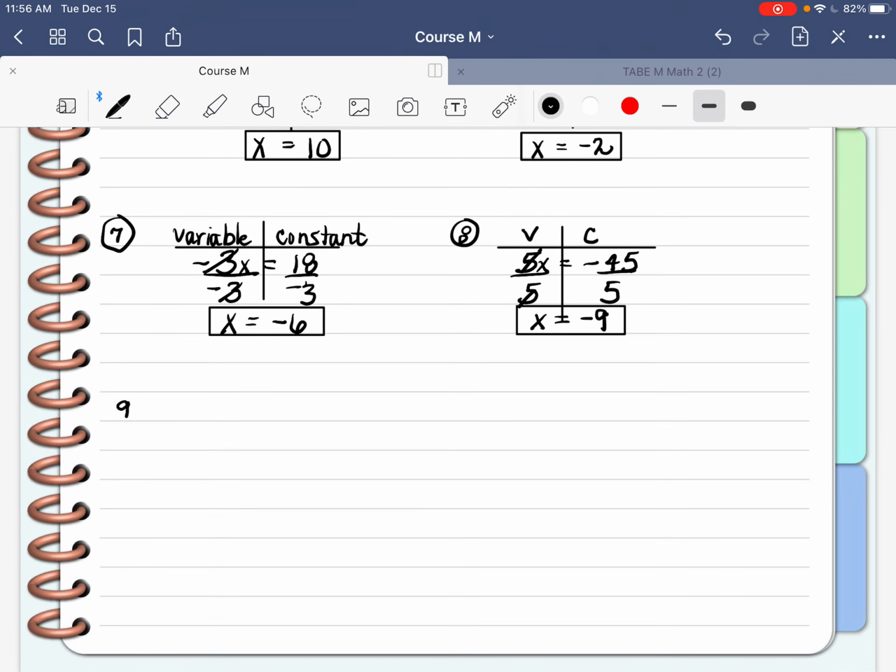Number 9. 6x plus 7 equals 37. So this is a two-step equation. It has multiplication and addition. And we have a variable on the left.